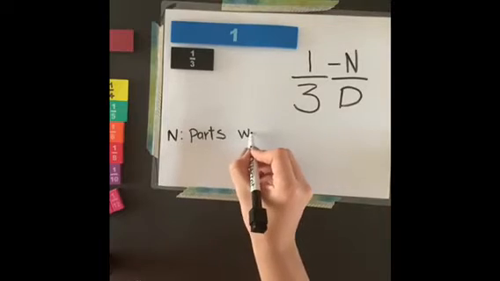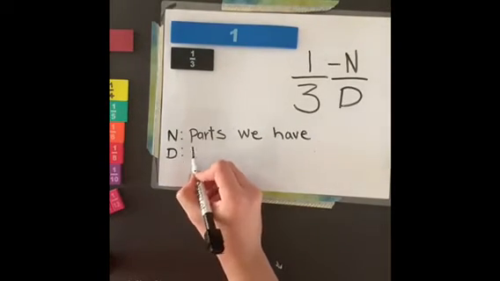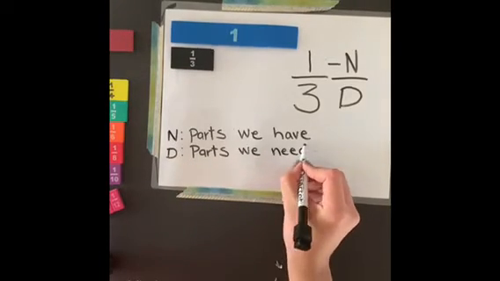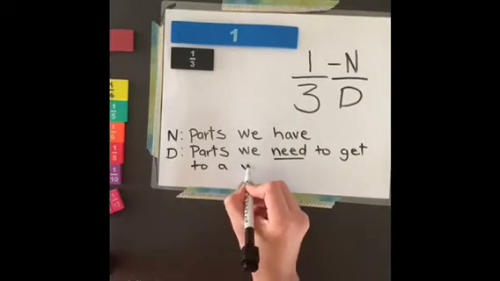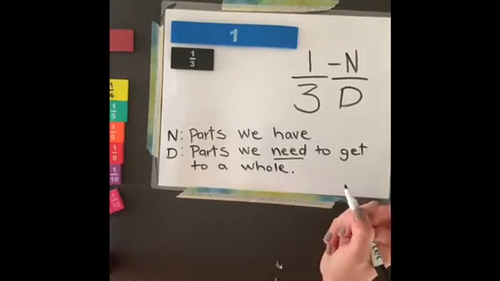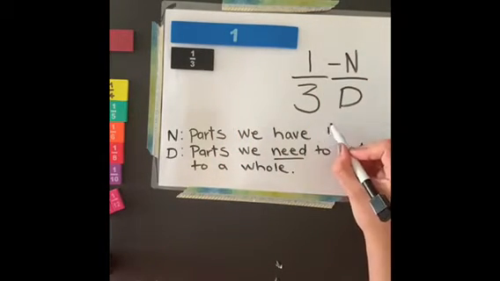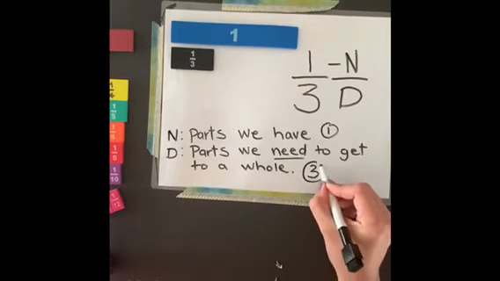The numerator tells us the parts we have, while the denominator tells us the parts we need to get to a whole. Here we have the fraction 1/3. The numerator is 1, and the denominator is 3.